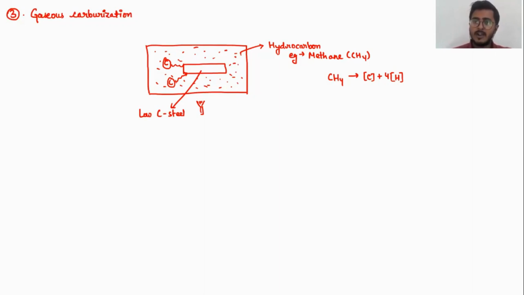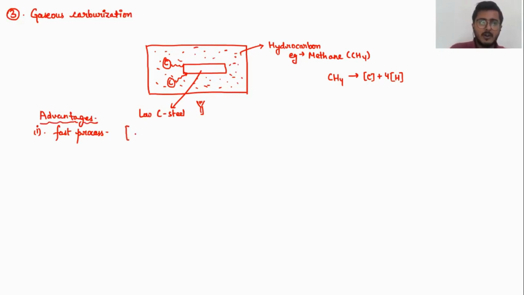So diffusivity is higher in the gaseous state as compared to any other state of matter. So the advantage of gaseous carburization is that it is a fast process.